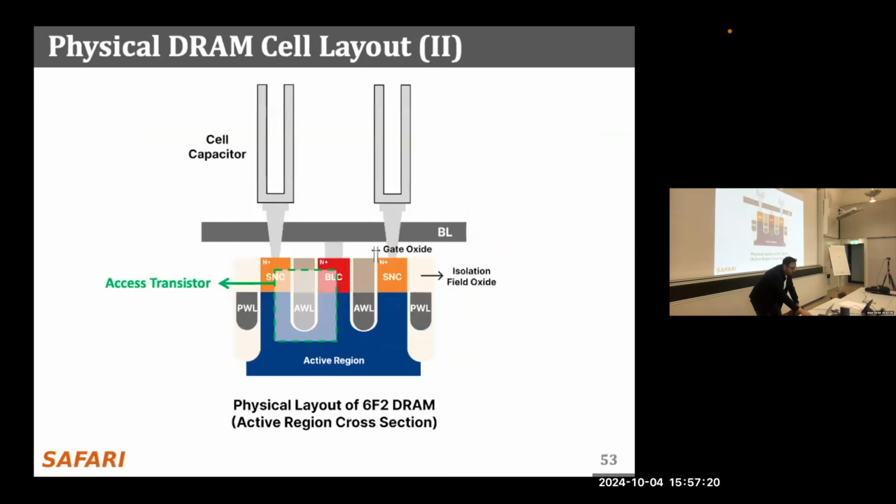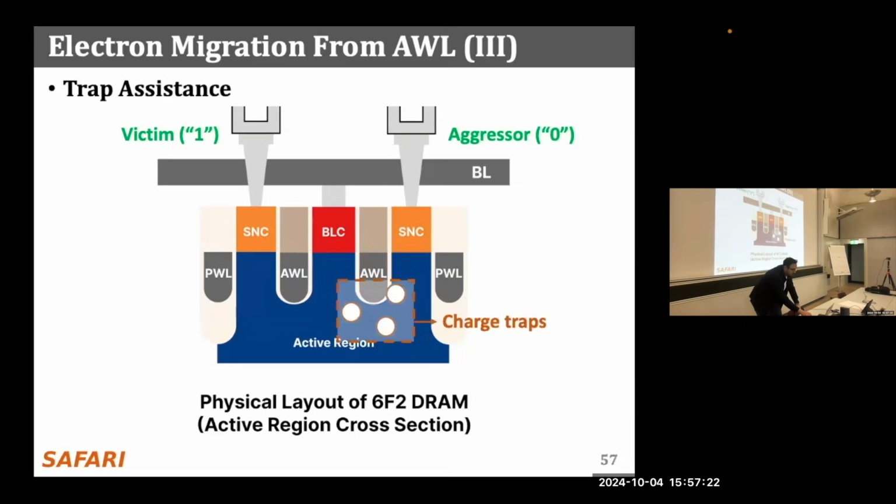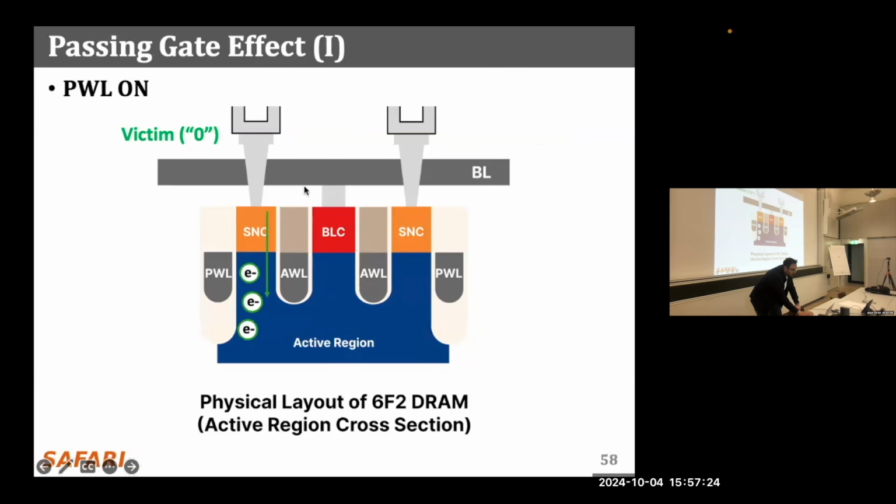Yeah, so consider that you're attacking this passive word line. This is your immediate neighbor. This is your neighbor at a two-row distance, right? So you can also attract some electrons from here, and they can also travel to there with a way lower probability.